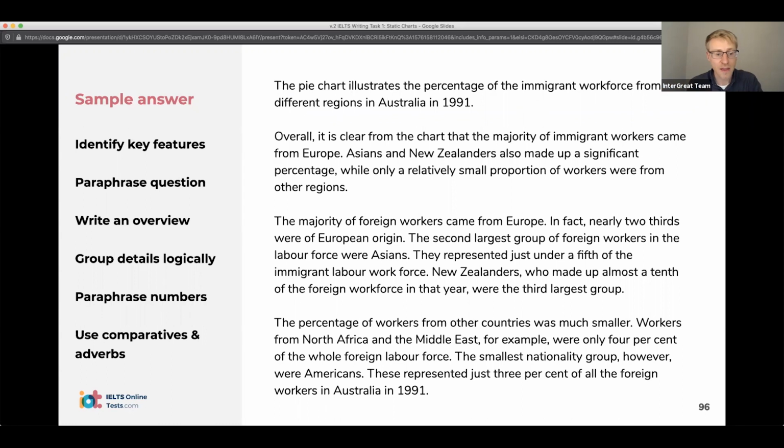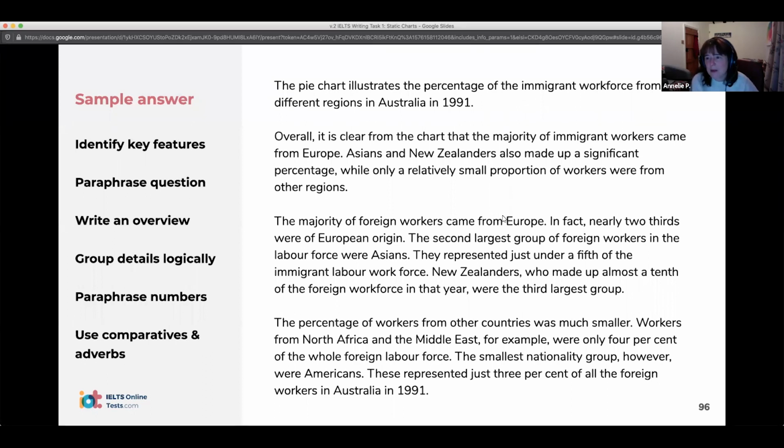Let's see. Interesting question here from Anonymous. Don't we have to write a conclusion for task 1? So I'll throw that one over to you, Annalie, and we can have a discussion about it, because there are different views on this, I think. Yeah, I don't think it's necessary.